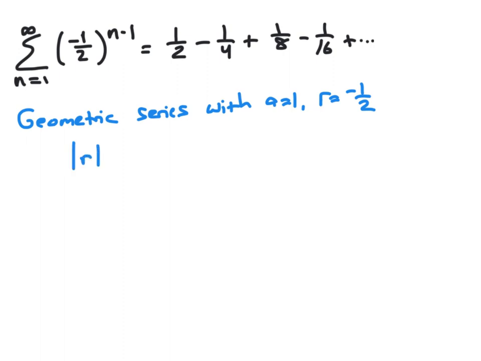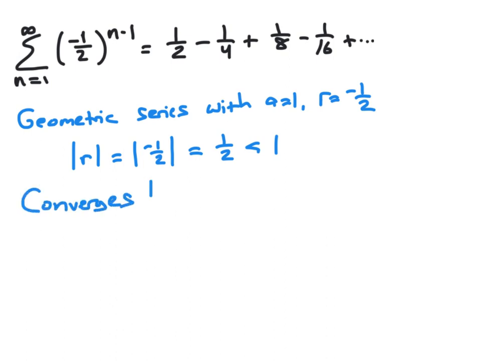We simply need to look at the absolute value of the ratio of the series, which in this case is the absolute value of -1/2, which is 1/2, which is less than 1. And whenever we have a geometric series where the absolute value of the ratio is less than 1, we have a convergent geometric series. So this series here converges.